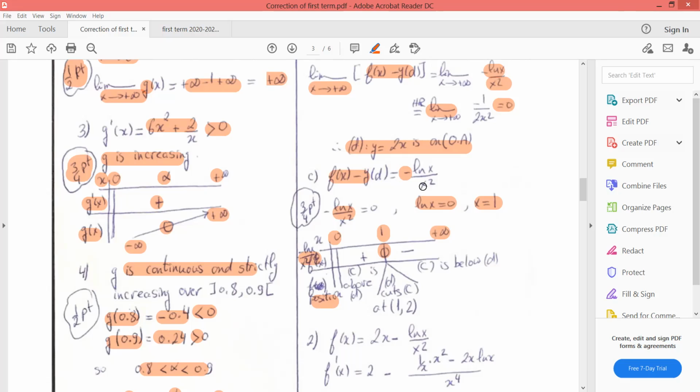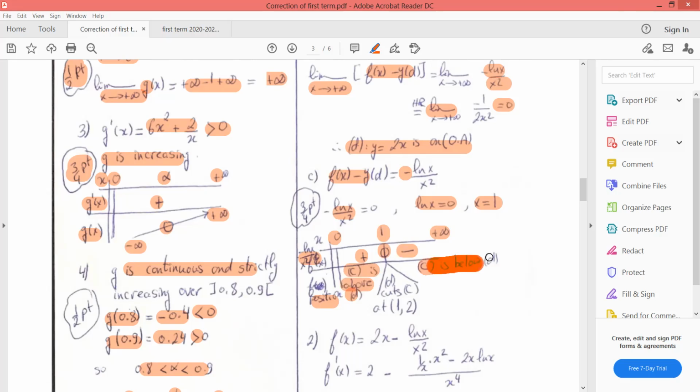It's minus ln 2 over 4. Ln 2 is positive, so minus ln 2, which is about minus 0.7, over 4 is negative. So here is negative, here is positive. Positive: C is above the oblique asymptote D. Negative: C is below D.